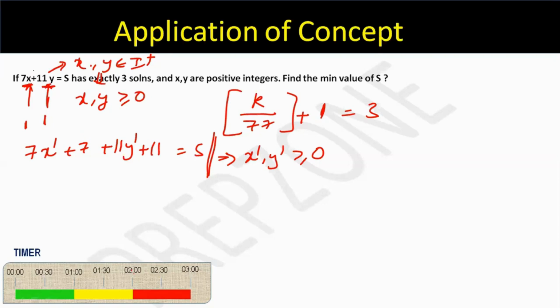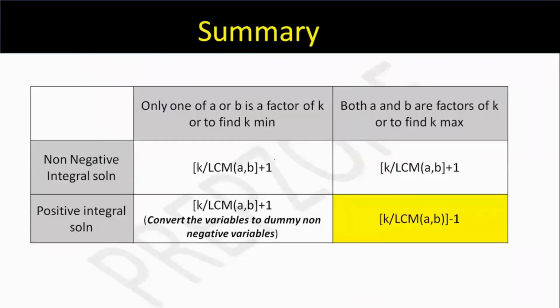Sir, can you please repeat why we have taken the dummy variable as x equals x prime plus 1? Sure. Okay. So let us come back to this slide, right? I've told you in this slide that this is what you need to remember: if in the question it is given that the variables are positive integers, or you have to find the positive integral solution, and you need to find the minimum value of k, then you basically apply this thing.